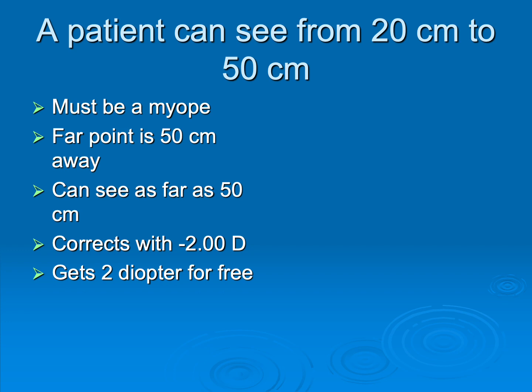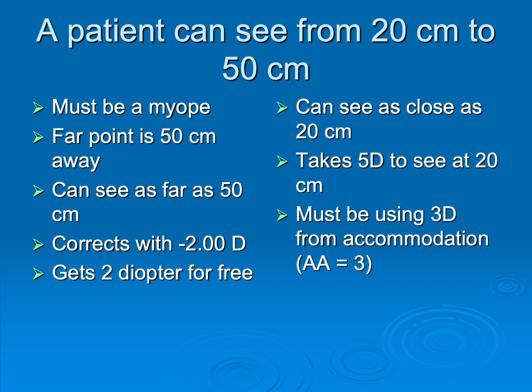What is the total buying power? And it tells us that they can see as close as 20 centimeters. So how many diopters does it take to see at 20 centimeters? It takes 5 diopters, 100 divided by 20. So if I have 2 for free and 5 is my total, I'm kicking in 3 through accommodation. So that answers kind of every question that we could have had about that patient.